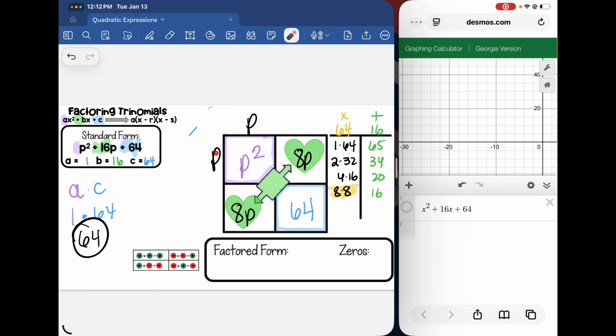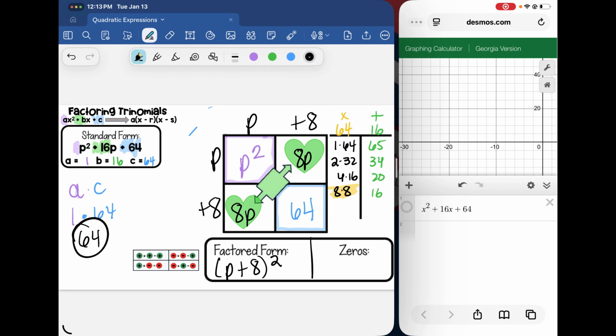Hopefully you said a positive 8. What can I multiply by p to give me 8p? A positive 8. So you probably say, well, Miss Carter, this says the same thing. This says p plus 8 and this says p plus 8, which means I have p plus 8 how many times? So p plus 8 squared.